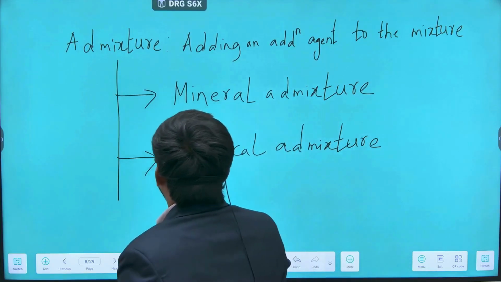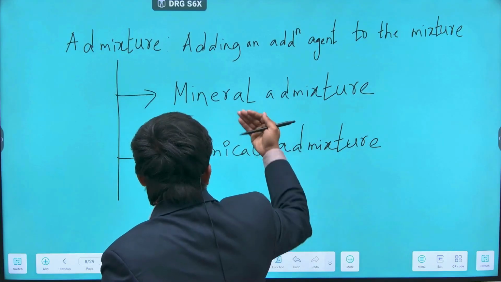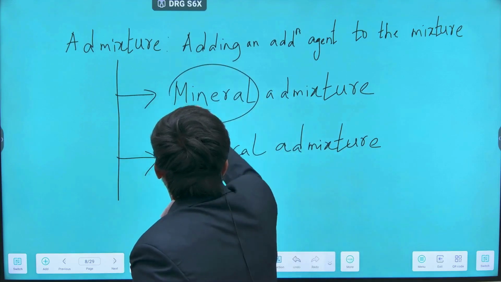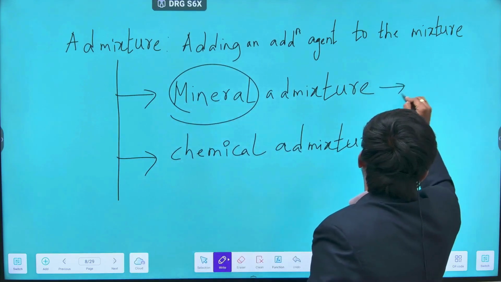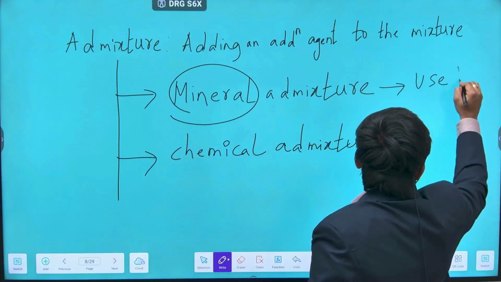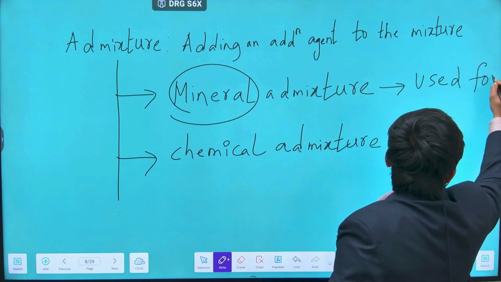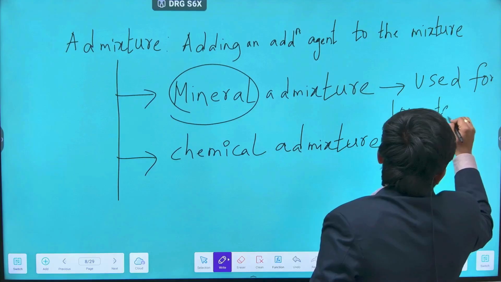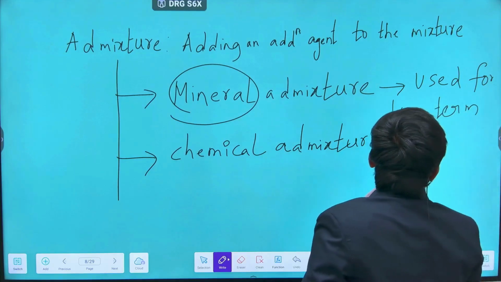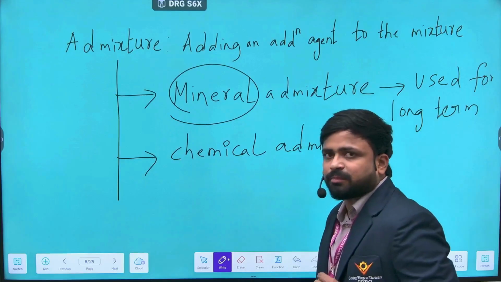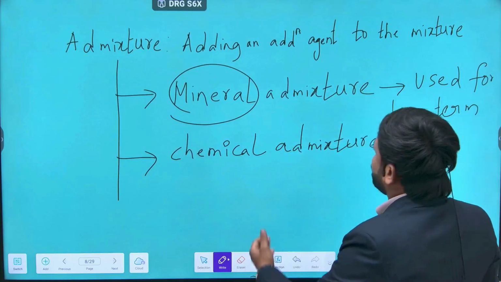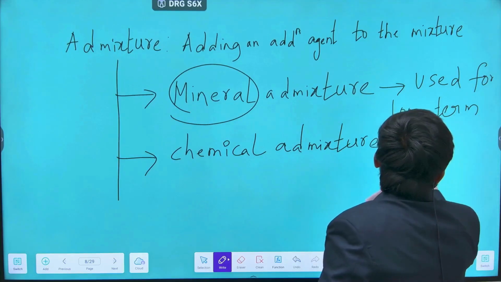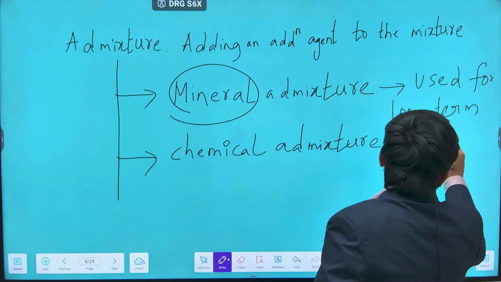Okay, why are there two different types of admixtures? Here mineral admixtures are used for long term properties. If you want to modify any long term properties in the concrete, we can use the mineral admixtures.